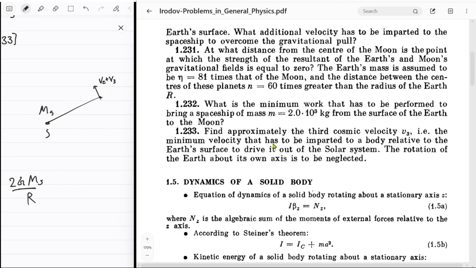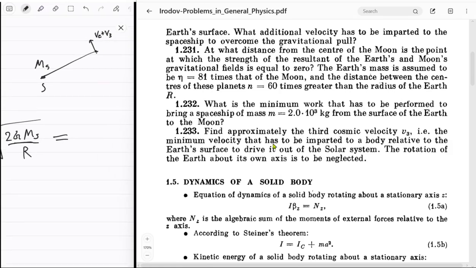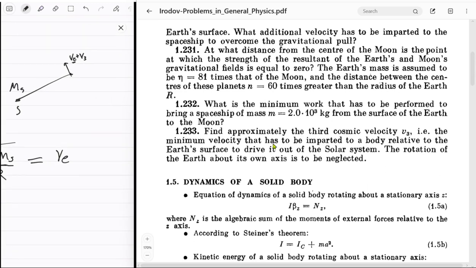Fine, whatever. We just assume it's circular orbits. Then it's just the distance between Sun and Earth, not the distance at a point. So I'm just going to call it R. Square root of that thing, that's the escape velocity. In this case, it's just the velocity of Earth. Why does it look like escape velocity over here?